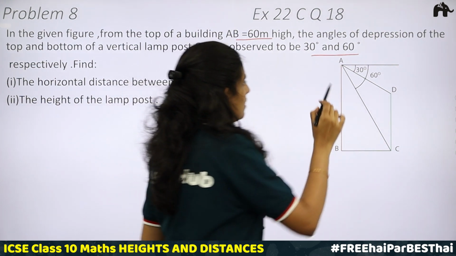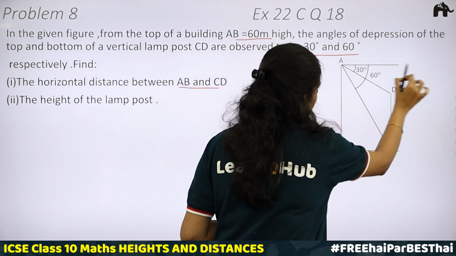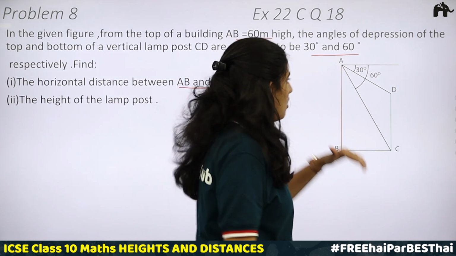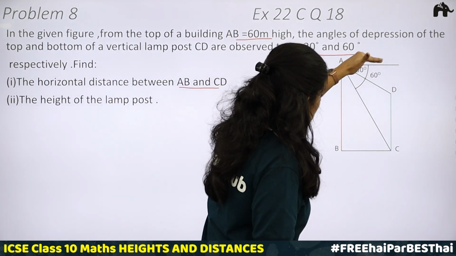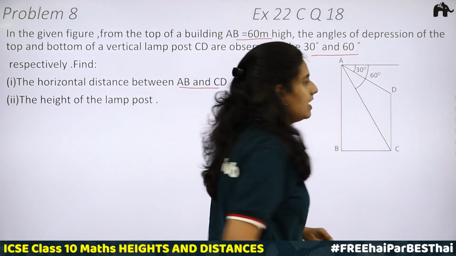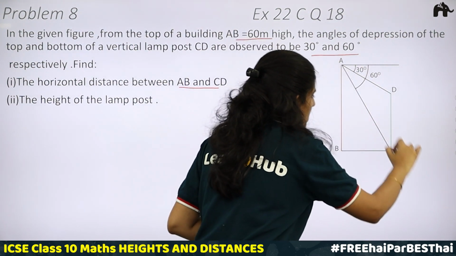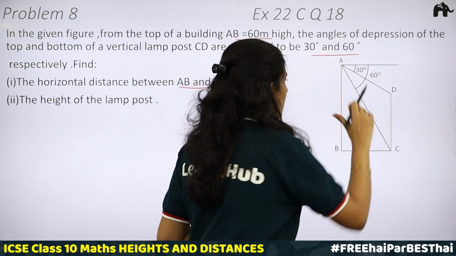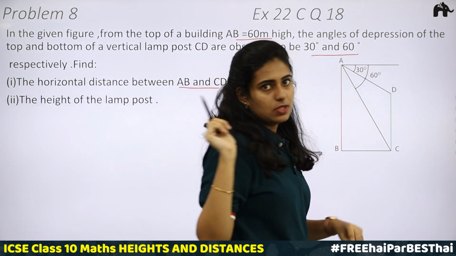Okay, here we'll be having this line. This is the horizontal line, or the line which is parallel to BC. If two lines are parallel, we know that when a transversal cuts, the alternate interior angles will be equal.